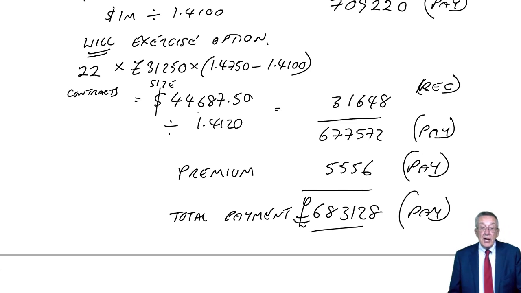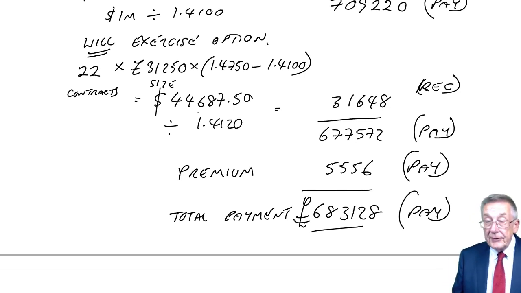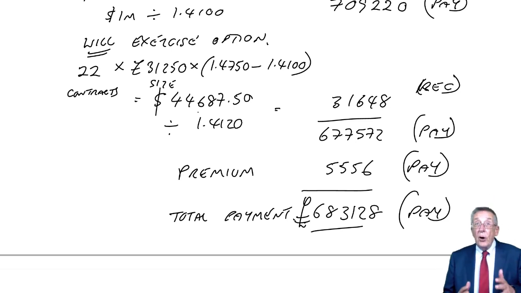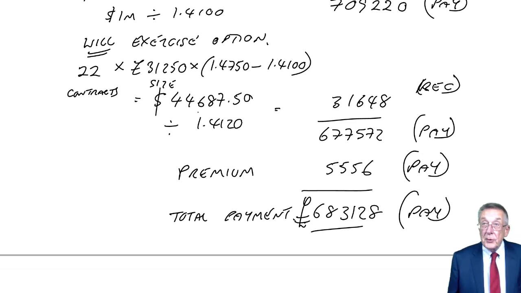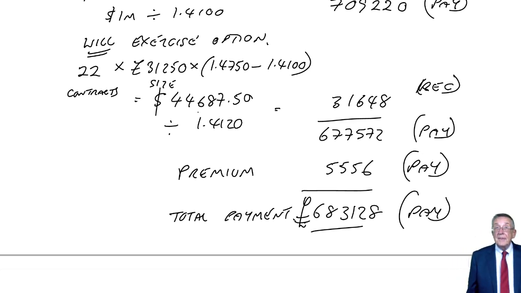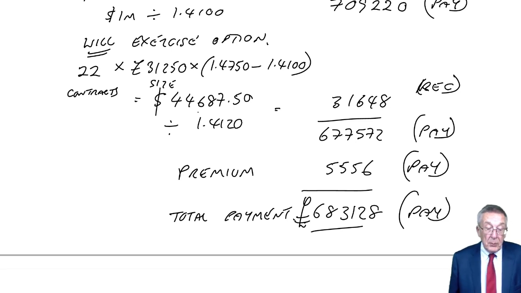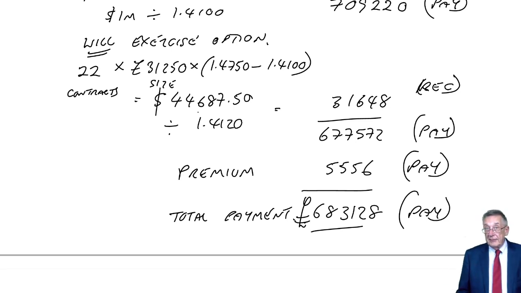He'll just say, show how traded options can be used. And if that's the case, ideally for full marks, you would illustrate all 3 strike prices. I've done it at 1.475, but you'd also do it at 1.45, at 1.425.